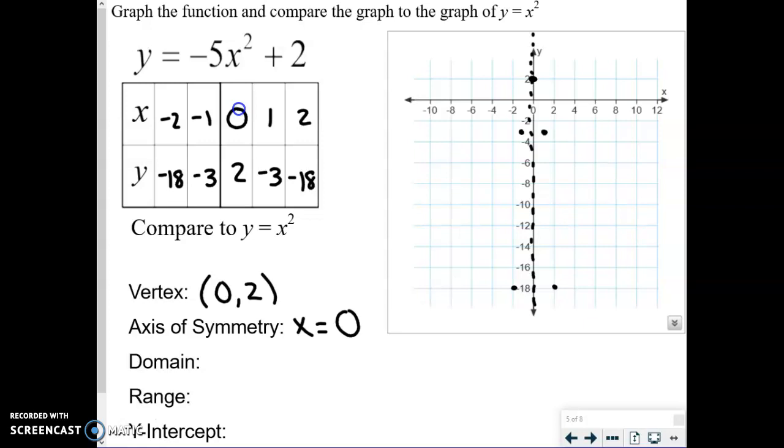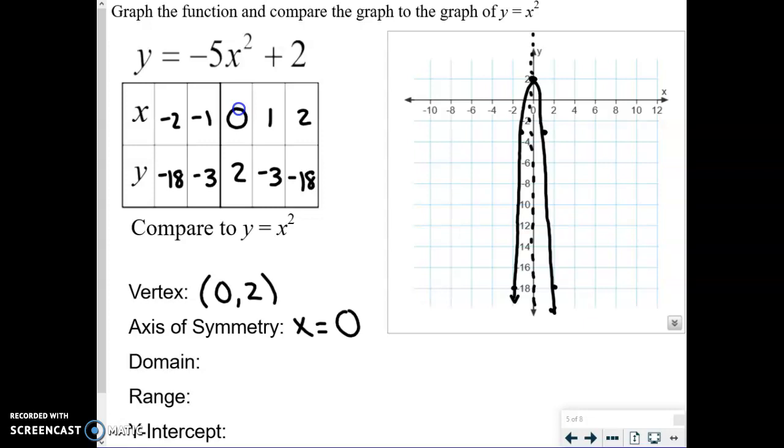We see that again, this is a much steeper graph because A is greater than 1 and it moves downward because A is negative. So in this case, if we would graph it, we'd get a graph that would look something like this. And compared to the parent graph, again, instead of the parent graph opening up, this one opens down because A is negative. And again, it's far steeper because A is greater than 1.